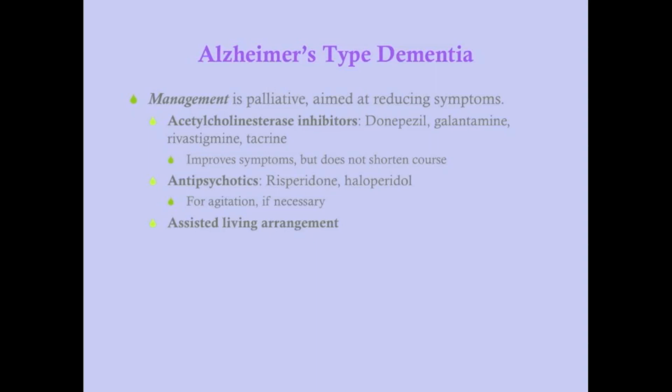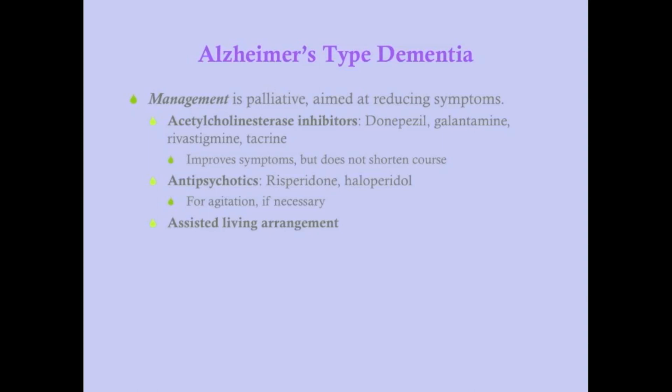Galantamine is oral. They're essentially the same and do the same thing. It's just different modes of administering the agent. So rivastigmine is a patch. Galantamine is oral. Donepezil is also oral, and tacrine is really not used that often anymore.